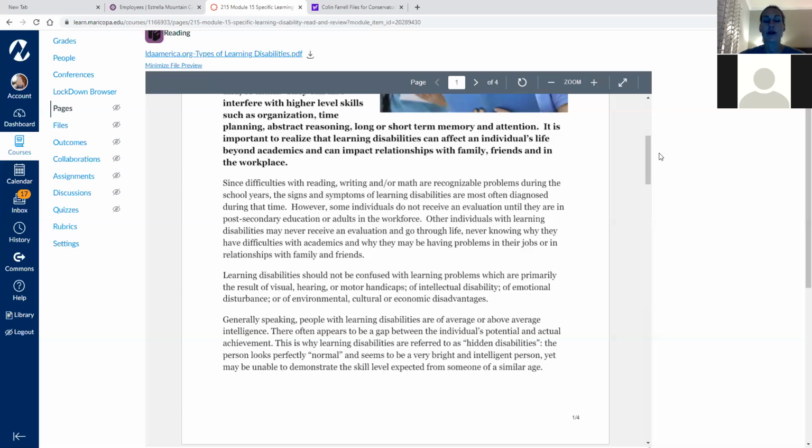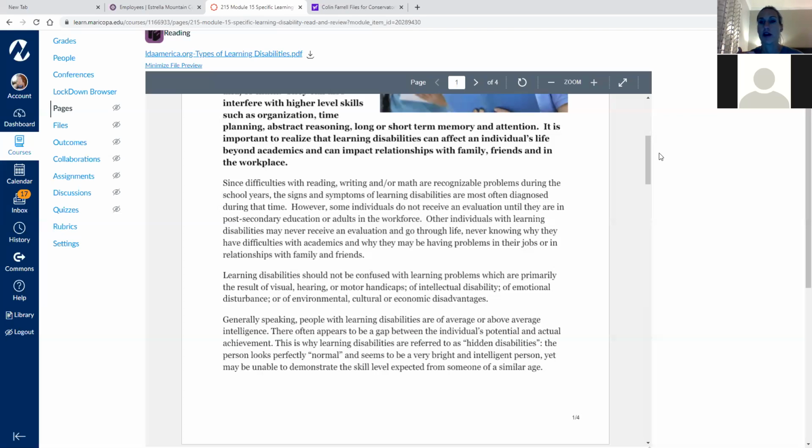So if the client you're working with doesn't, then some of their challenges with learning are more impacted by their cognitive skills. But if someone's average intelligence and they still have difficulty learning, then that's where that learning disability comes into play. If you have a cognitive impairment, you will likely have challenges learning new skills, retaining new skills.